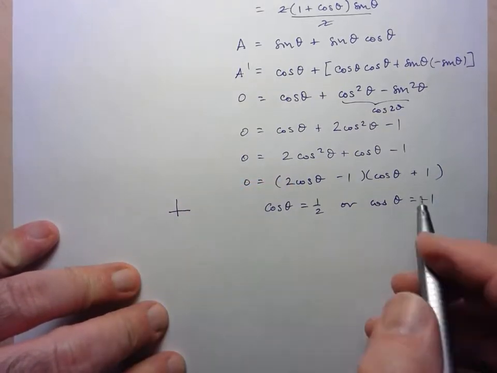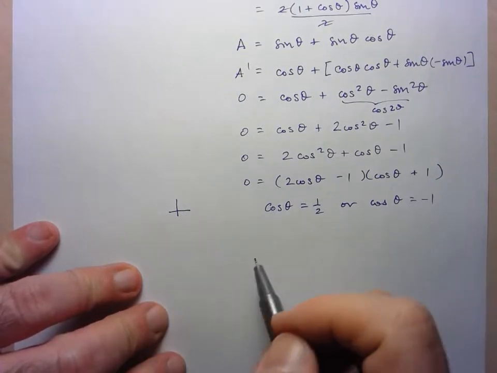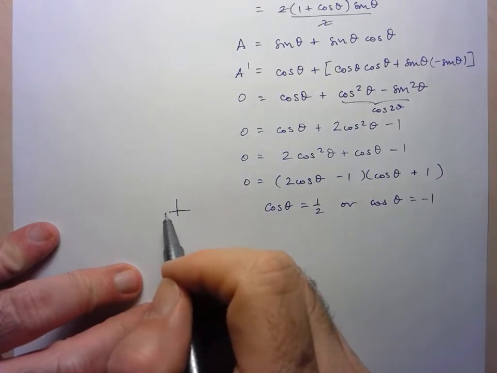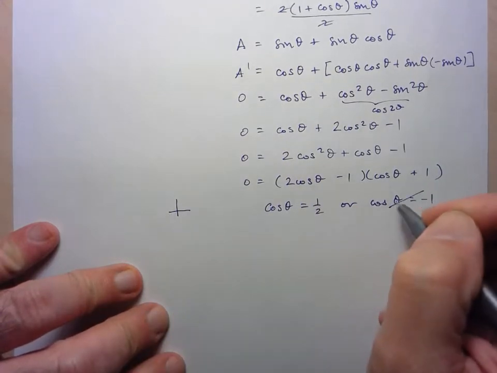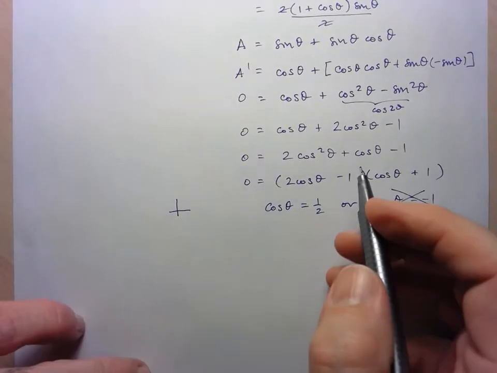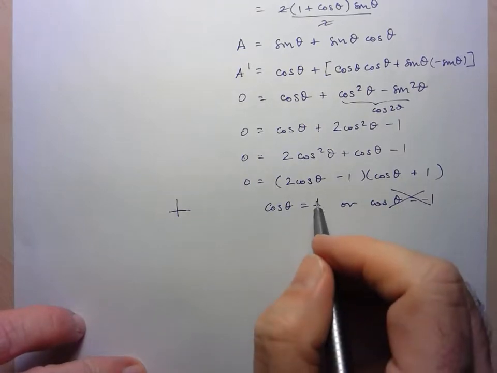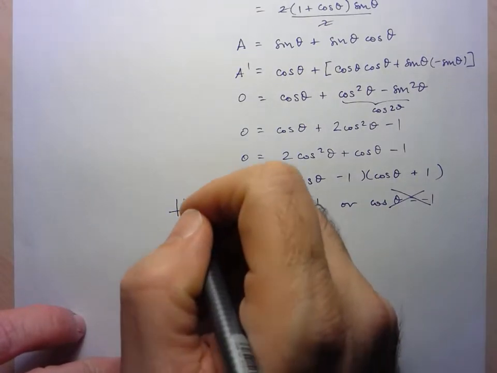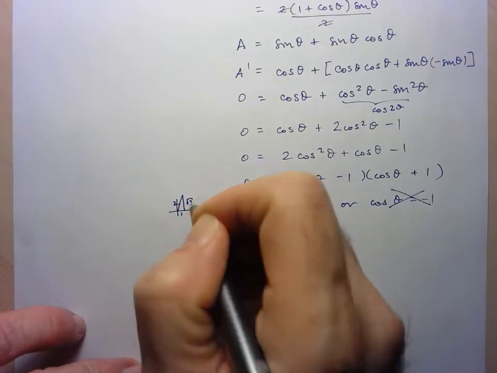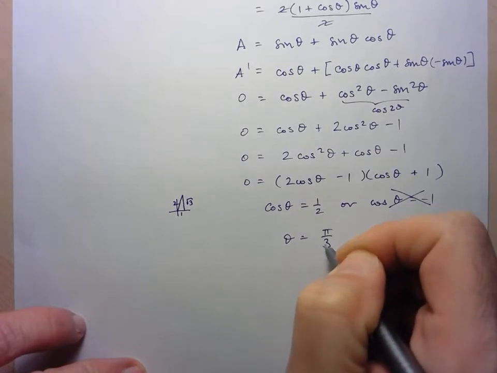Cosine theta is never equal to negative 1 in the first quadrant, because cosine is equal to negative 1 out there at theta equals pi. So that one's gone. So I just need to determine where cos theta is equal to 1 over 2. Since my numerator is 1, that's my x value: 1, 2, root 3. So theta is going to be equal to pi over 3.